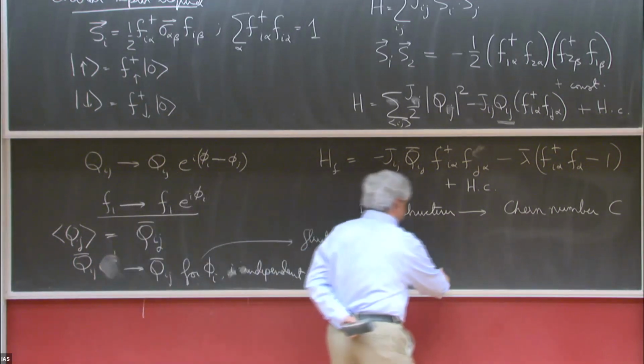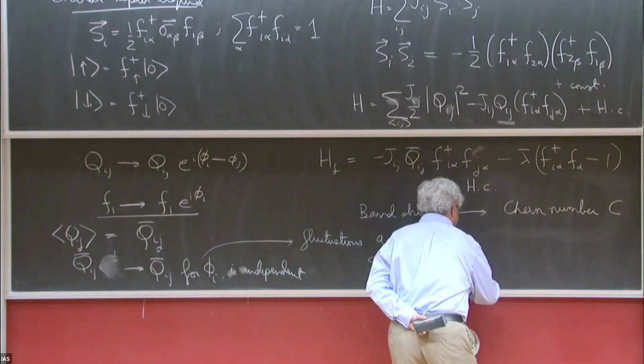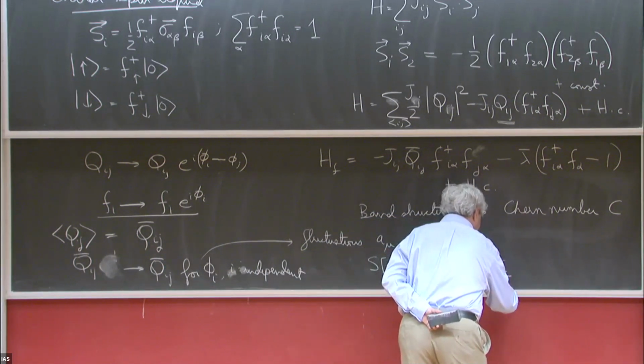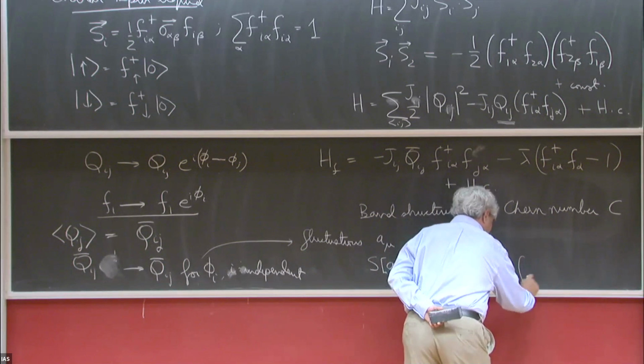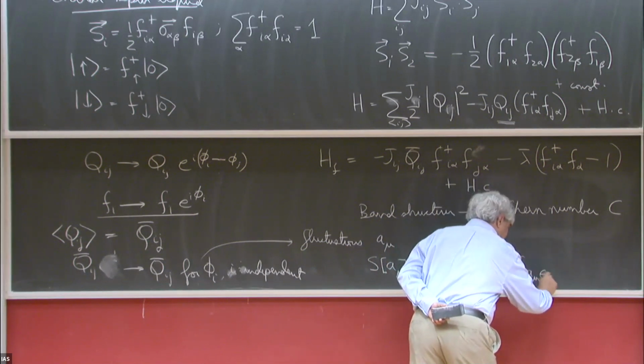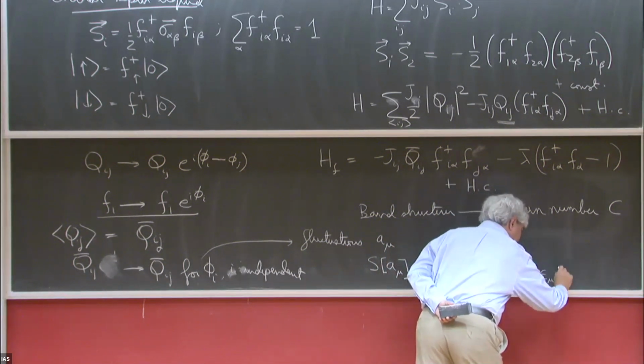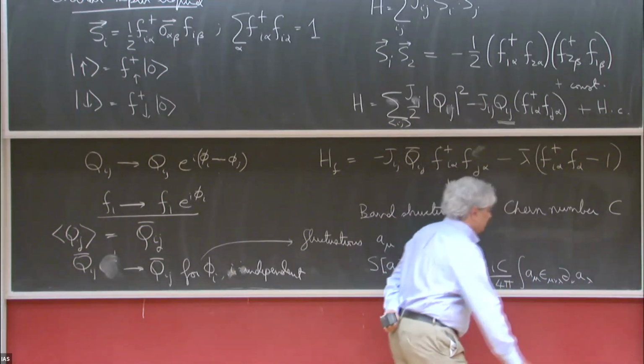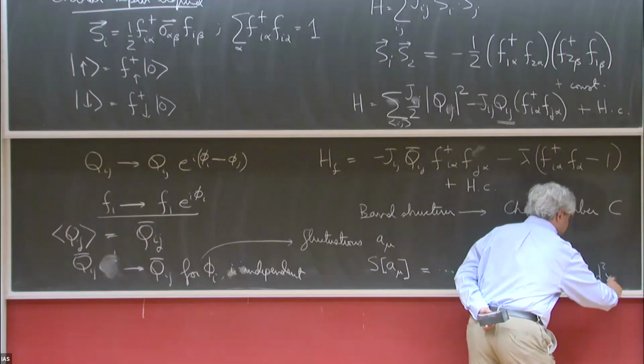You can get various terms, but a term that you're guaranteed to get, and this is what I will show next time, will be iC over 4 pi times epsilon mu nu lambda a mu d nu a lambda, integrated over d2x d tau.